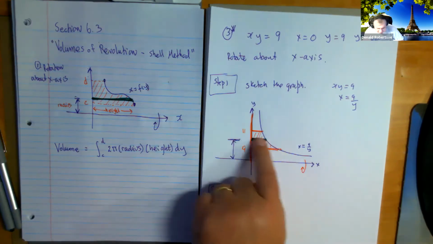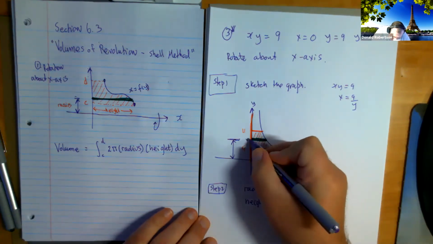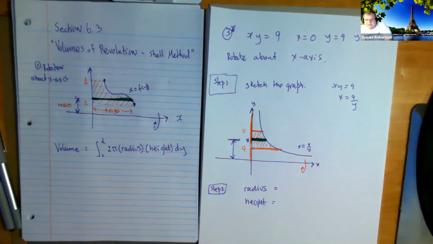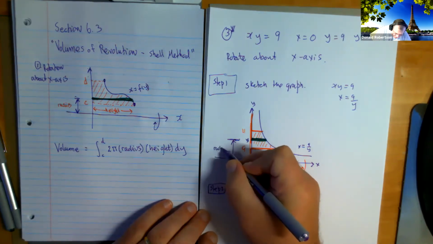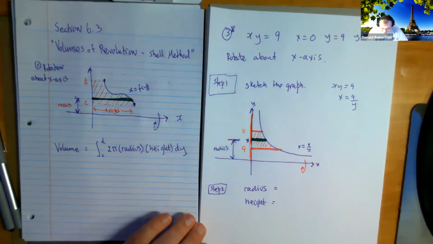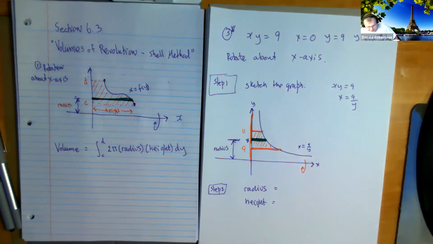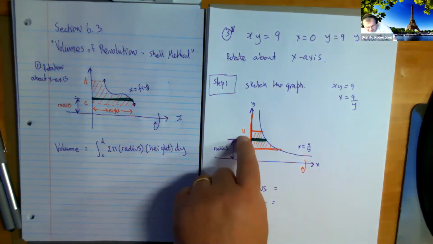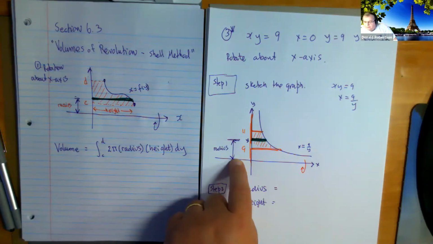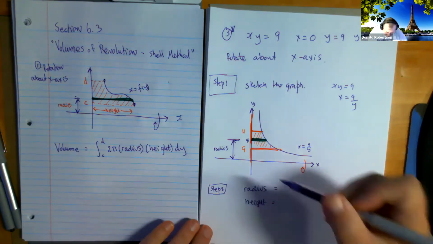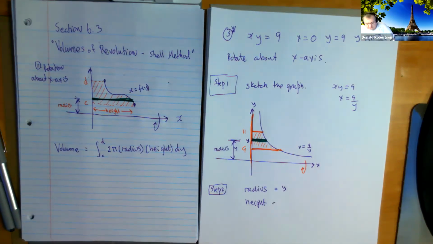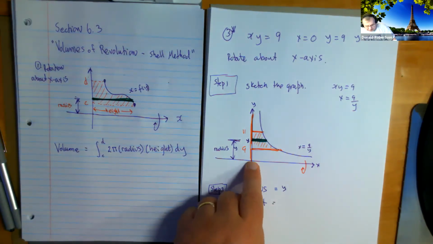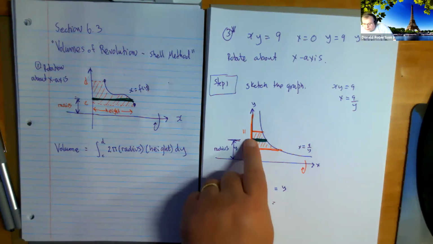Now, that rectangle that I've just put in is at a height of y, right? So won't that radius be the distance from here to here? Agreed? Now, if that is y, won't the radius just be y in this case? The distance from the axis of rotation to that point is called the radius.